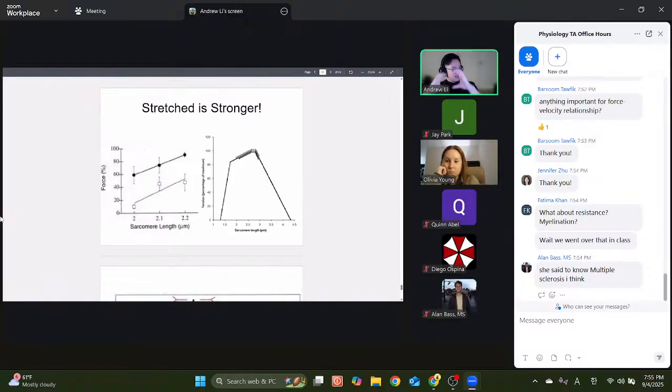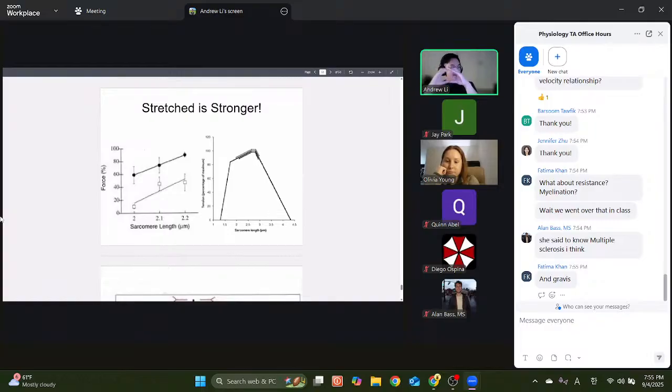But there's also resistance of the membrane. So you want high resistance of the membrane because it'll keep the charge within the wire. That's why myelination is like insulation of this wire that causes the charge to be held in and propagated a lot easier.